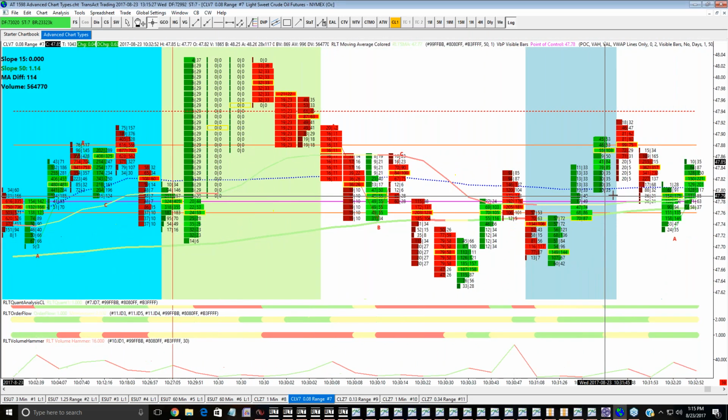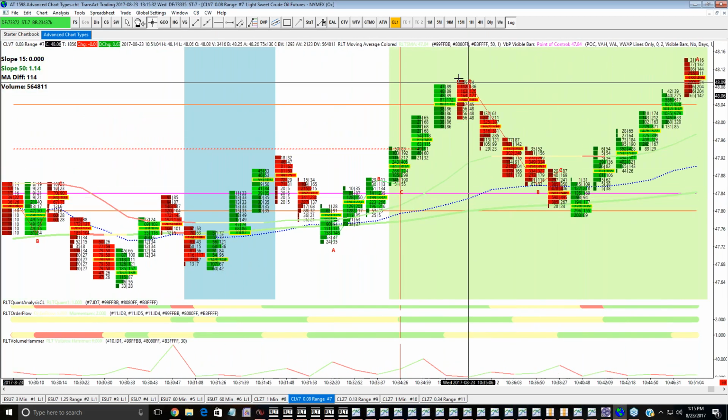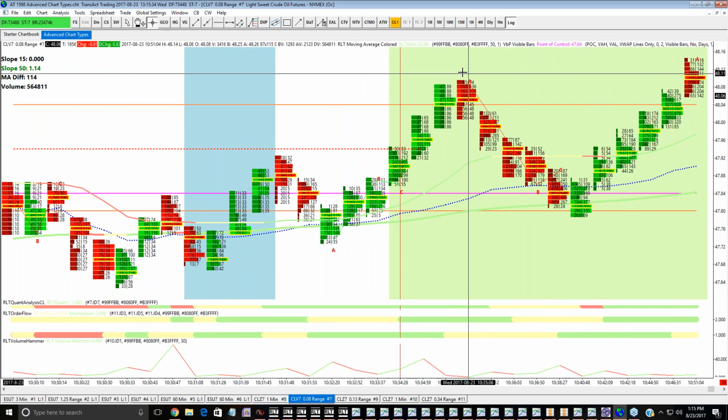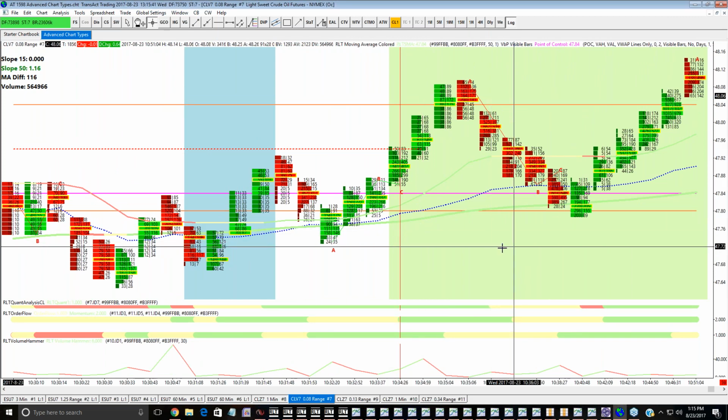Now, what you get, and I happen to like quite a bit, you'll notice I don't have the delta. I don't like it on Ninja. We took it off. And I don't like it on Sierra. It's gone. I really don't care about the delta of any given candle, because I want to make a distinction between the two different types of volume that's showing in these candles versus the types of volume that's showing in our candles on NinjaTrader.